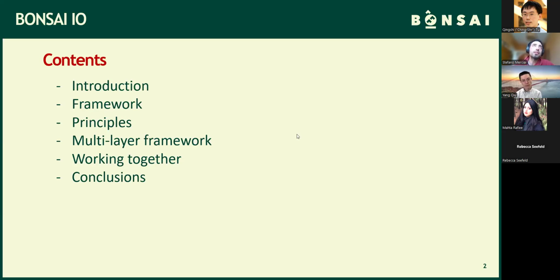I will also talk about some theoretical aspects, the principles that are guiding us in this project, and I will introduce the multi-layer framework that is peculiar to this database, and perhaps the contribution that would be nice to get from the industrial ecology community, and then the conclusion.